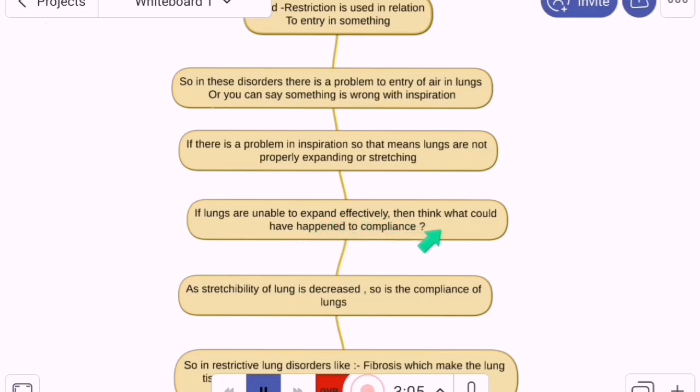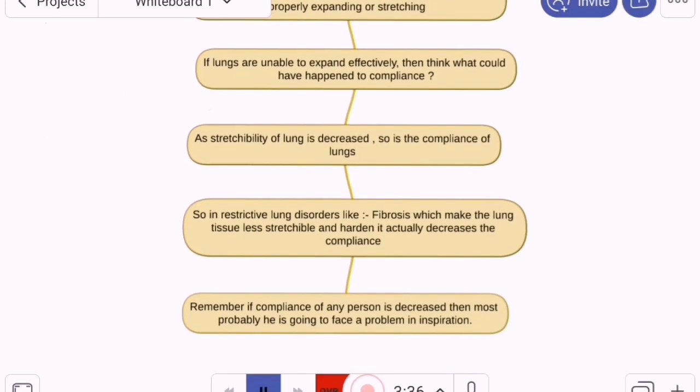The answer is pretty simple. As the stretchability of the lung is decreased, so is the compliance of the lungs. And that's true, because compliance is directly proportional to stretchability, so the compliance of the lungs is also decreased. So you need to remember that in restrictive type of lung disorders, the compliance is decreased. Okay, that is the point that needs to be most noticed here.